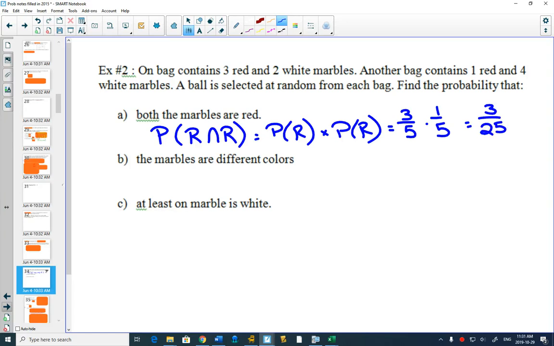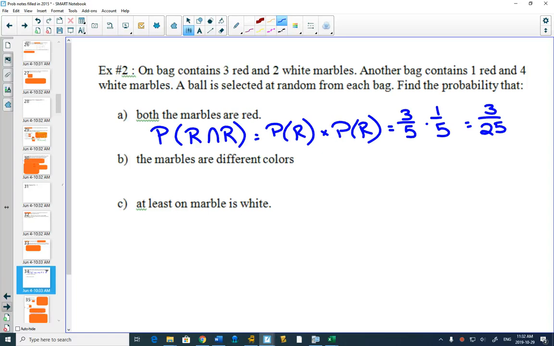How did you do? Okay? And so A shows a good example of where we can do it just using a formula. You are going to find that drawing a tree diagram or a sample space for independent events can be really helpful. What's happening here?